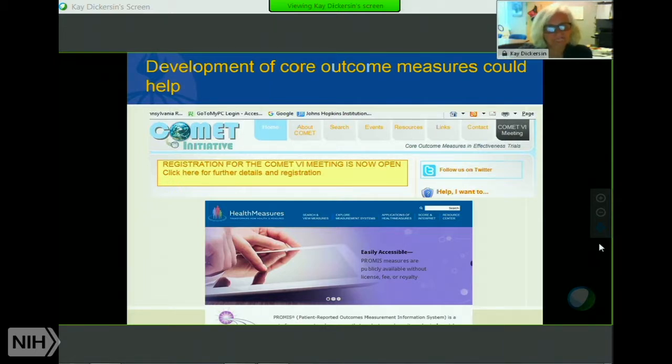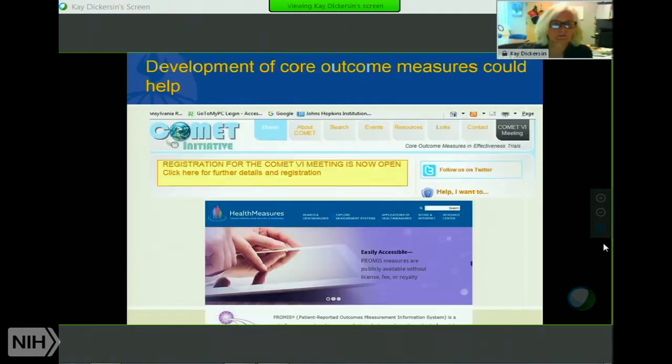So what's being advocated is a core outcome set. It's not to say that you couldn't measure outcomes that are important to you or the patient participating in the trial, but at least if everybody agrees that there's a core set of outcomes that they'll measure, then they can be combined in a systematic review meta-analysis. So COMET collects all the groups that are doing core outcome sets. It doesn't do them itself. It's a collection of who's doing it.